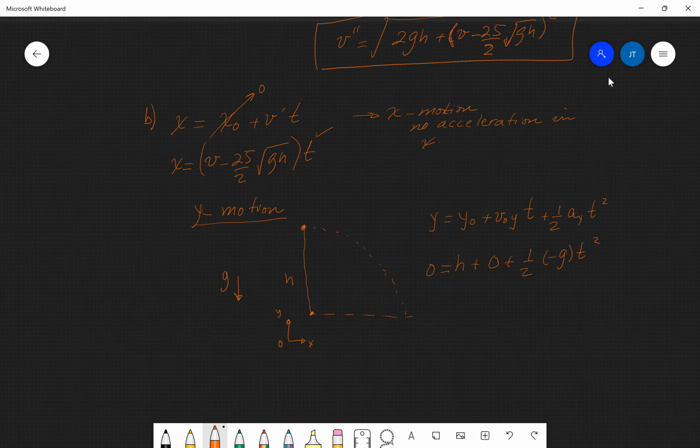So rearrange, bring the h over, multiply by 2, divide by negative g. So t squared will be 2h over g. So t is the square root of 2h over g. Okay?